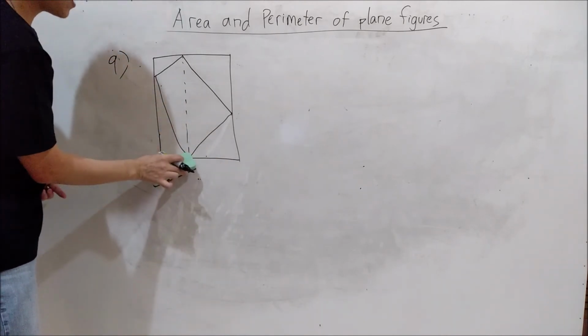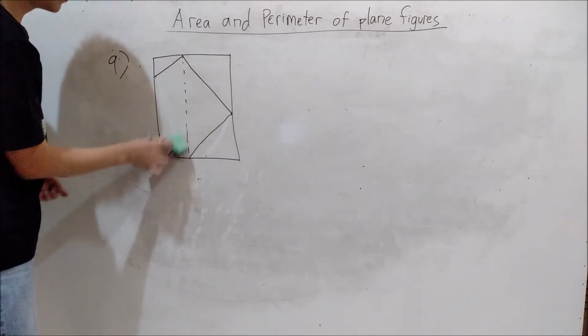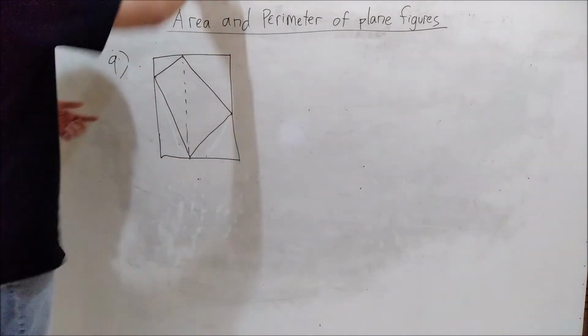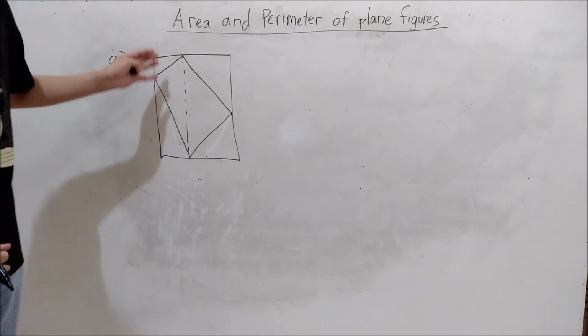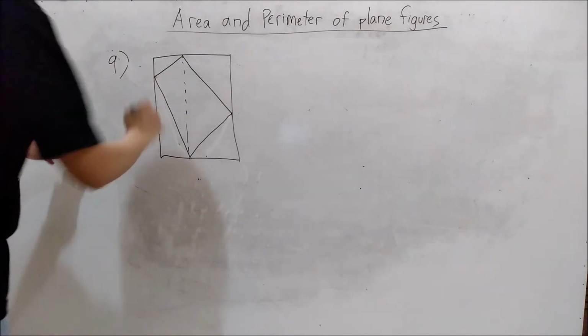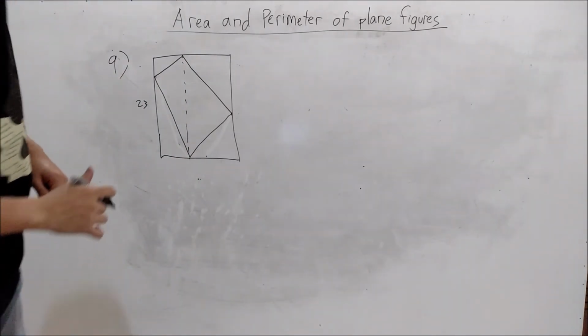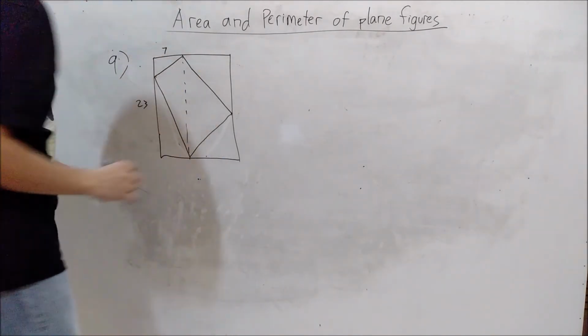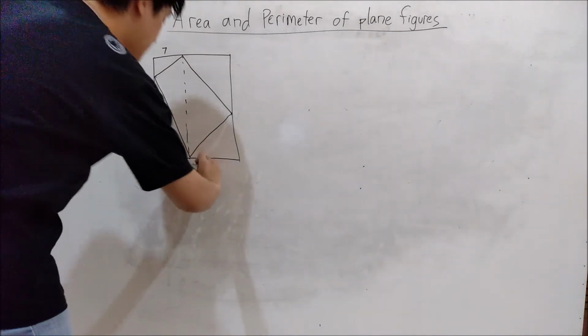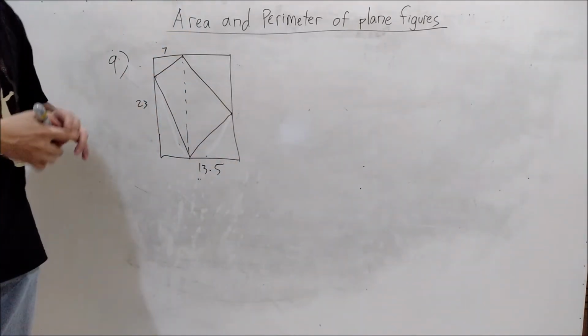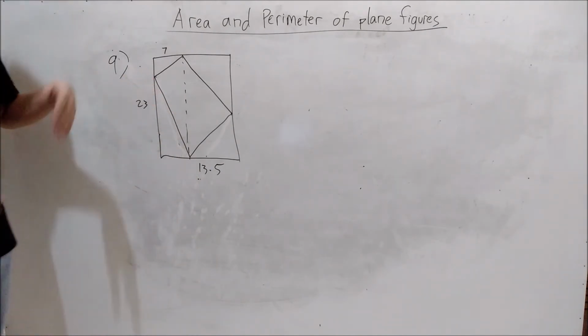So we need to find the area of the shaded part. We know that the height of the rectangle is 23. And then we have this 7, and this is 13.5. Just by seeing the picture, it's actually pretty easy to count this.